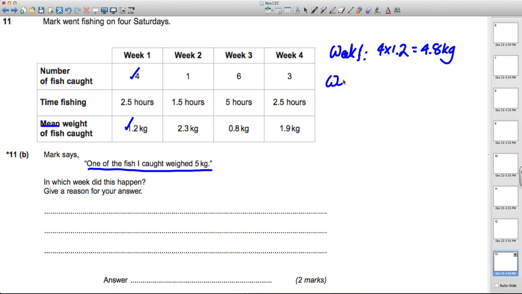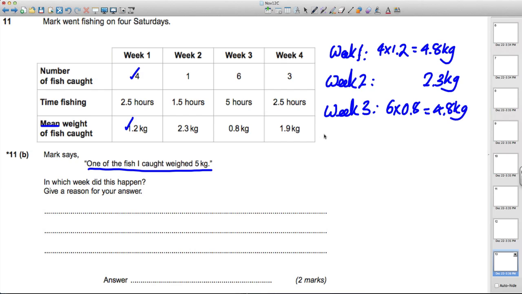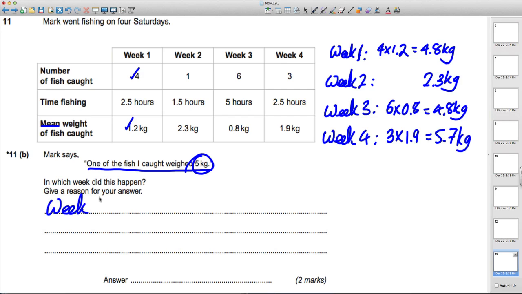Let's do the same for week 2. Week 2, he must have caught 1 multiplied by 2.3, which is 2.3 kilograms. In week 3, 6 multiplied by 0.8, which is again 4.8 kilograms. And in week 4, 3 multiplied by 1.9, and that's 5.7 kilograms. Therefore, the only week he could have possibly caught a 5 kilogram fish was week 4. So week 4 is the answer.